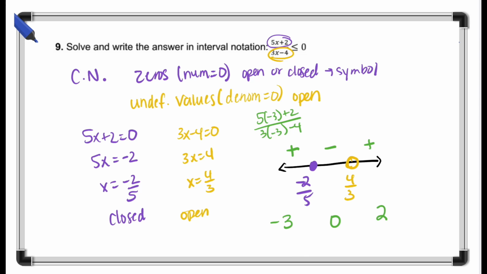Now again, because your symbol is less than or equal to, I am looking for where the inequality is less than or negative. That would be between a certain interval only. So that is negative 2/5, comma, 4/3, with brackets on the left and parentheses on the right.